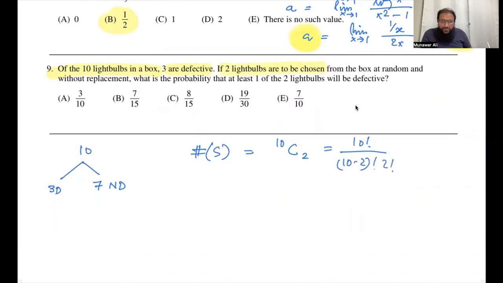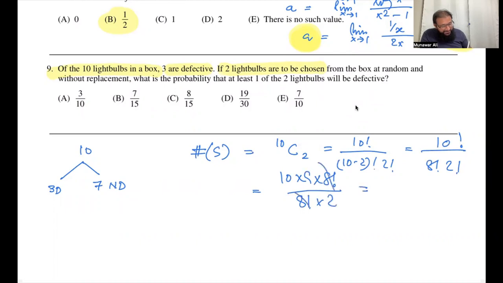So 10 times 9 times 8 factorial divided by 8 factorial and 2 factorial, which is 2. This is cancelled, so the total number of sample points is 45.